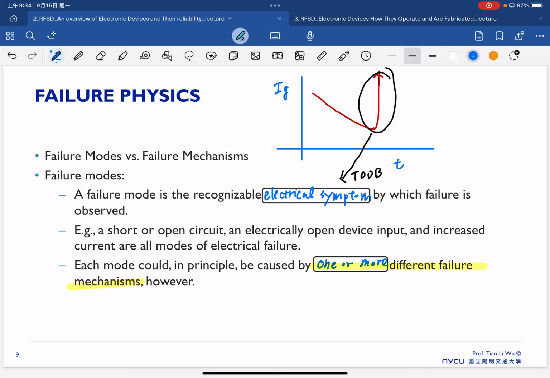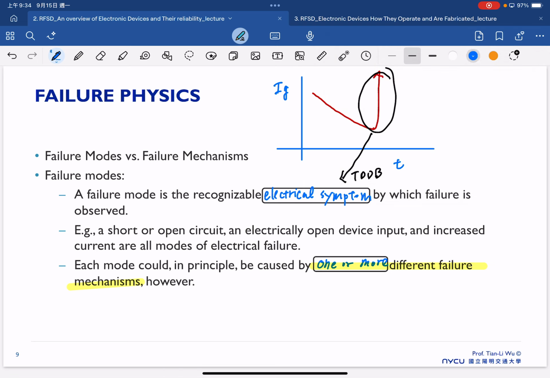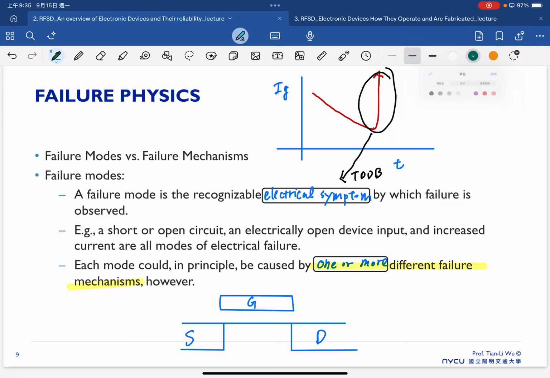For example, look at the very typical case where we have a MOSFET here, with a source, drain, and gate, and we have the dielectric below.